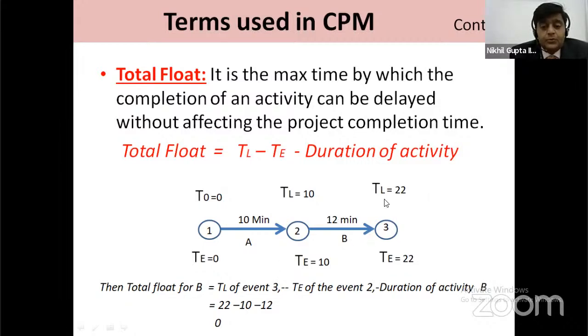Then 22 minus 10 minus 12 is equal to 0. So total float is equal to 0 for activity B. So total float is equal to TL minus TE minus the duration of an activity.